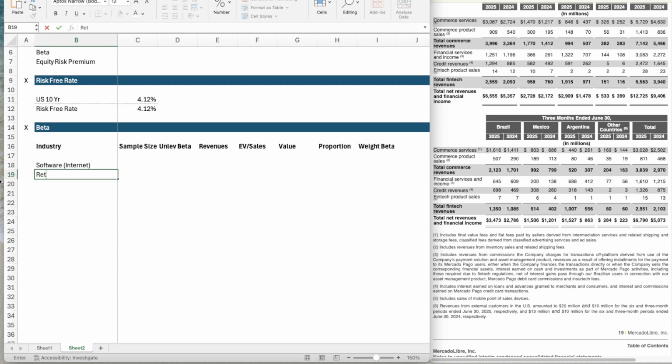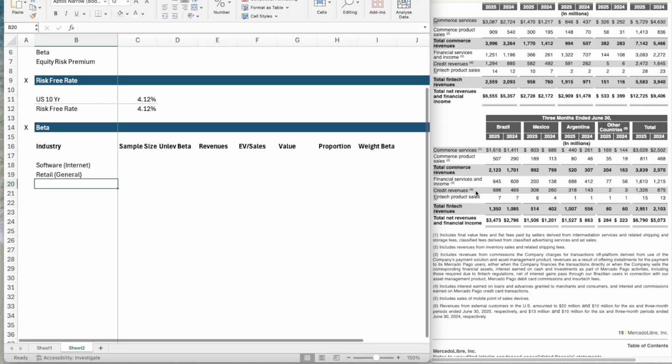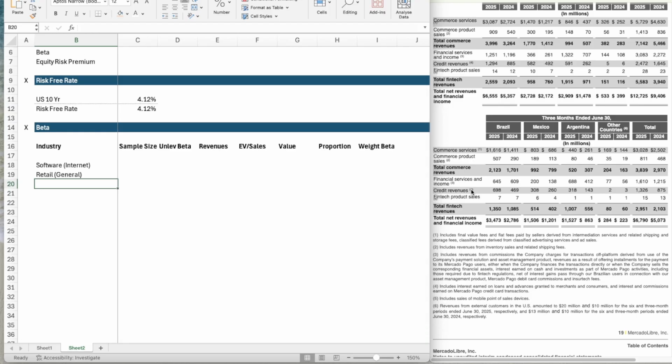Then retail general. Then we'll go financial services.